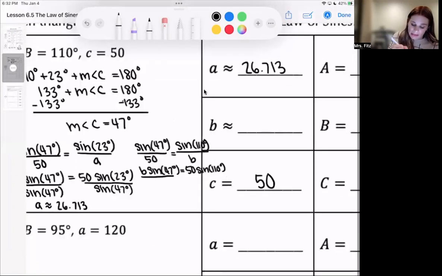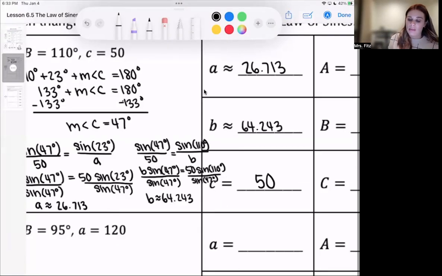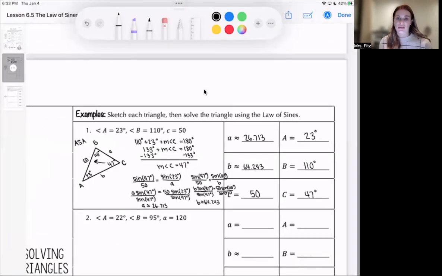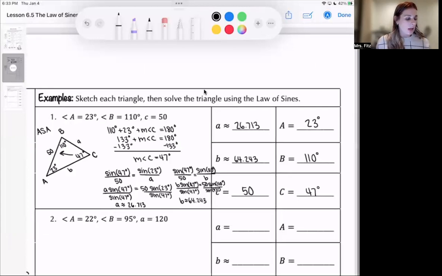Divide by sine of 47. And B, you should get, if you punch that into a calculator, is about 64.243. Make sure we always round to the 3 decimal places.